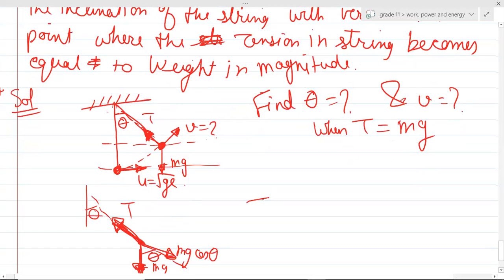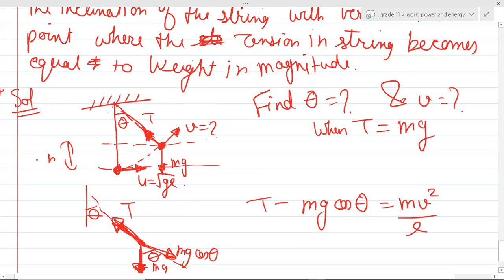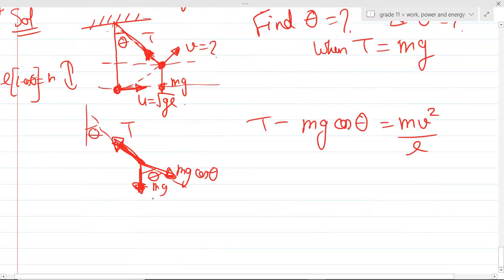So the first equation will be T minus mg cos theta equals mv square by L. And we also know by the work energy theorem, what is this height? L into 1 minus cos theta, by trigonometry, we already did this. So we can find the value of v as well.